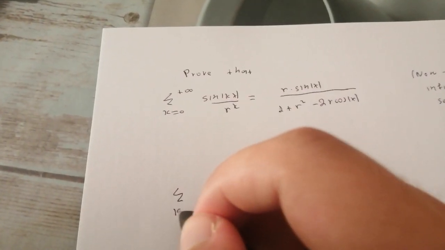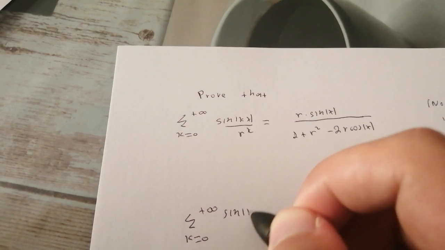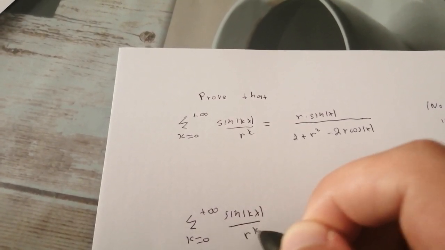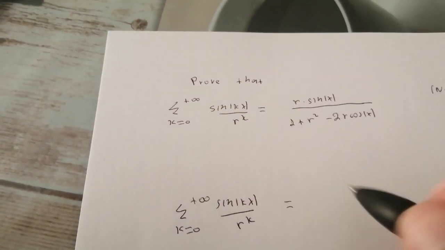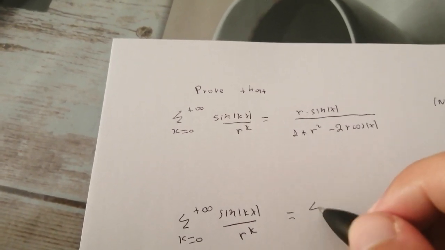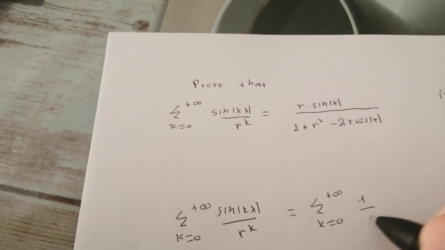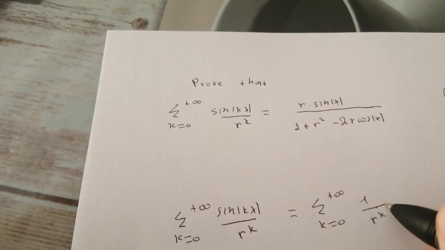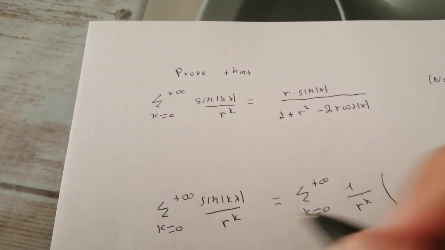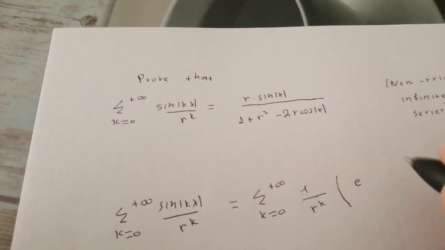We start taking this sum over here. Now this can be written in the following way, using Euler's formulas. So the sine of kx is written in the following way.